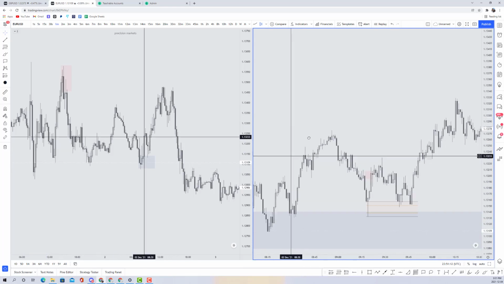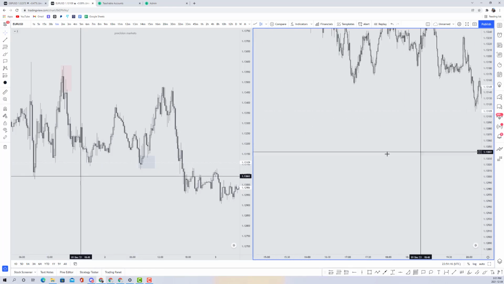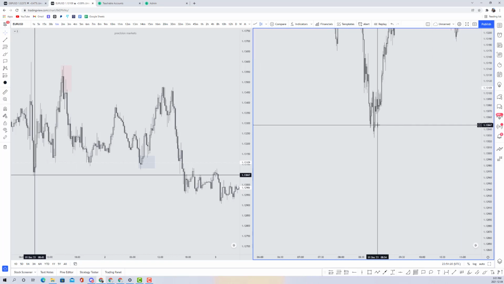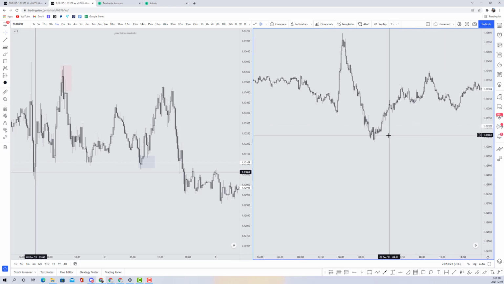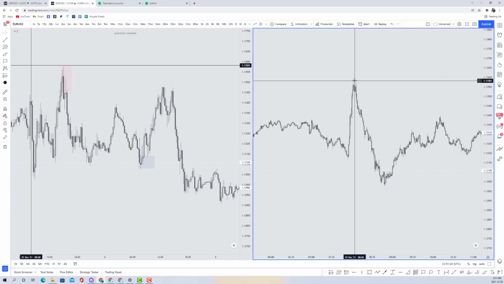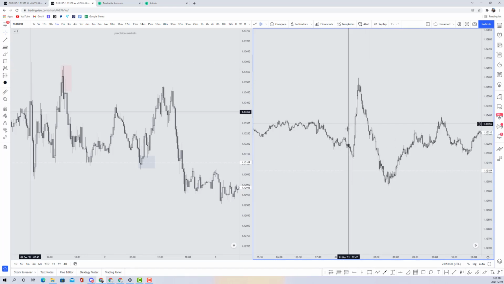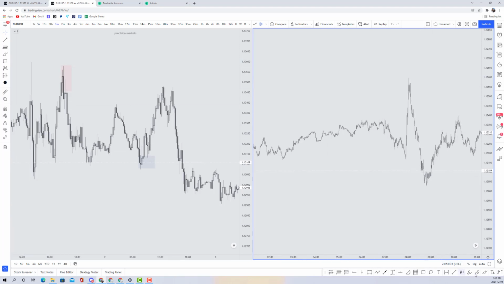What did the previous London session do? And I just want to talk about the session timings too. Do you notice how the highs and the lows are generally not far off from the London Open, and not far off from the New York Open? So here is your Asia midline.